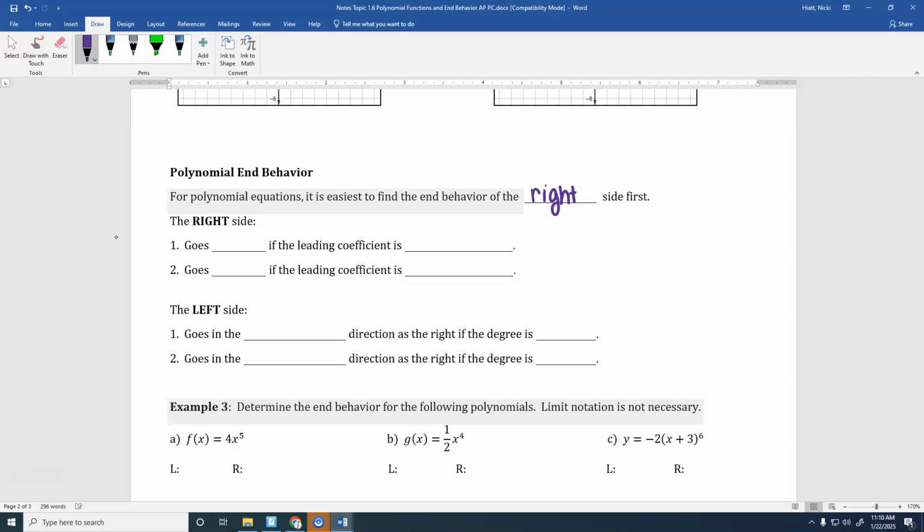Now, be careful with that because a lot of times the left side limit is listed first, right? The right side goes up if the leading coefficient is positive, and down if the leading coefficient is negative.